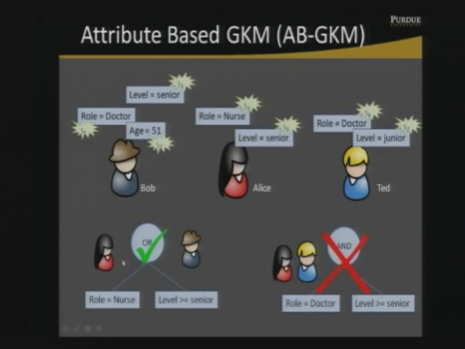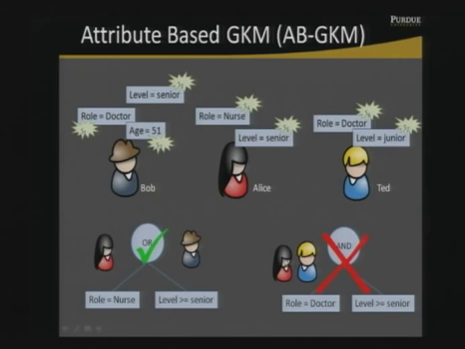So this policy is satisfied by Bob and Alice. But if you look at this policy, it says the role should be doctor and the level should be senior. So if you look at these attributes, only Bob satisfies this one, right?